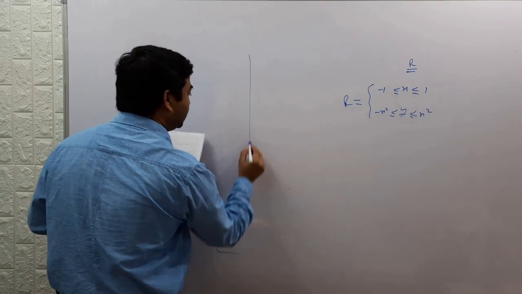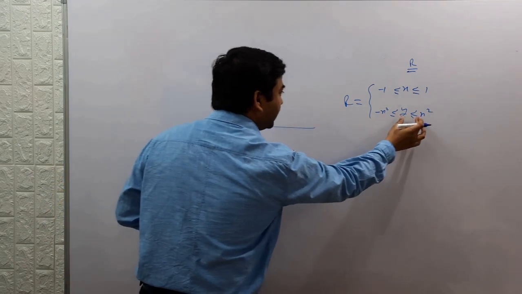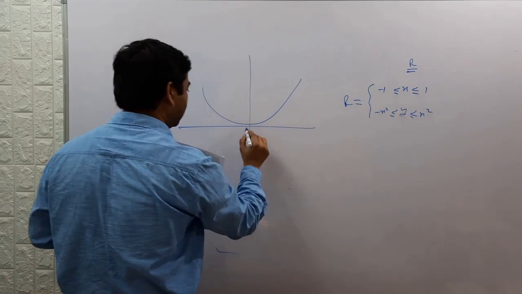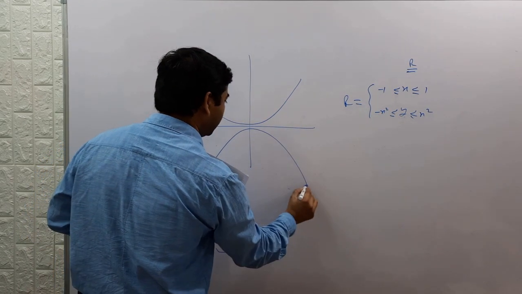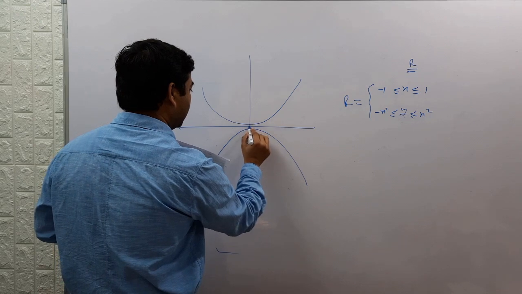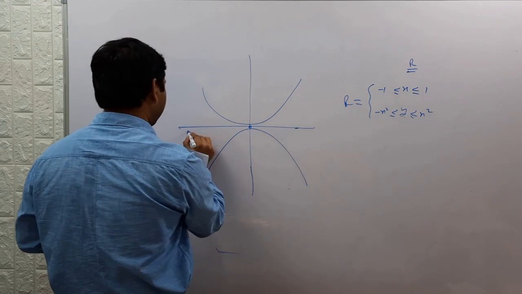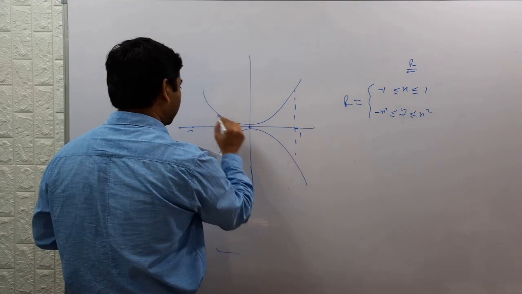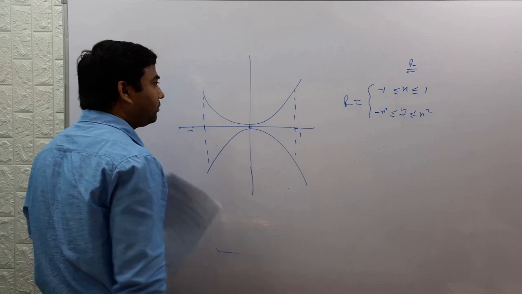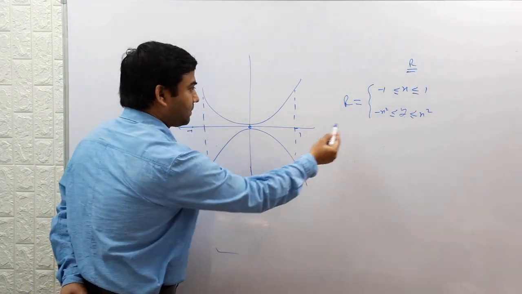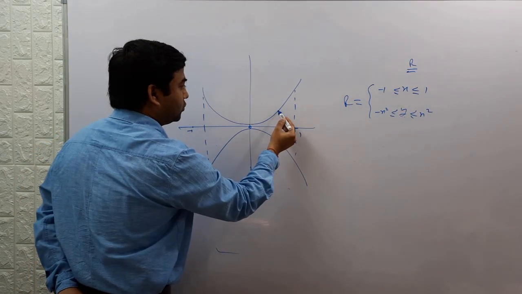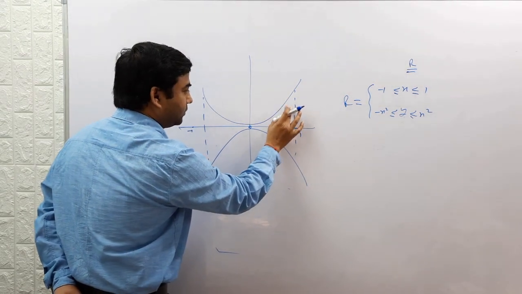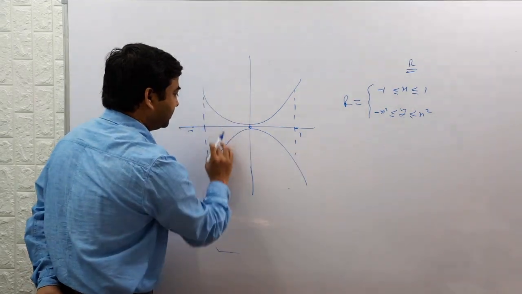So we will first draw this region. We know y equal to x square is this parabola, y equal to minus x square is this parabola, and x equal to 1 and x equal to minus 1. The region y less than x square means all points below this curve.